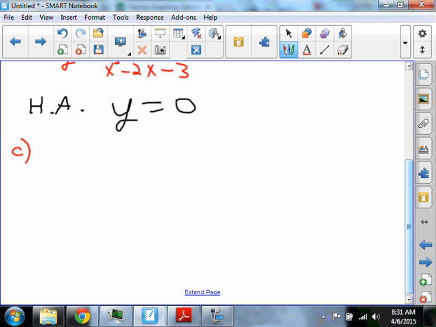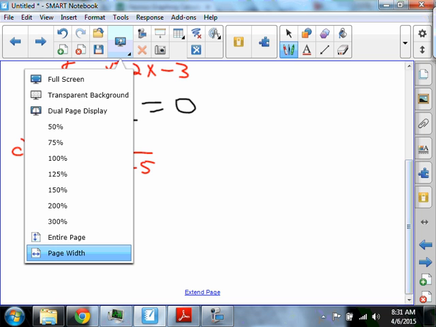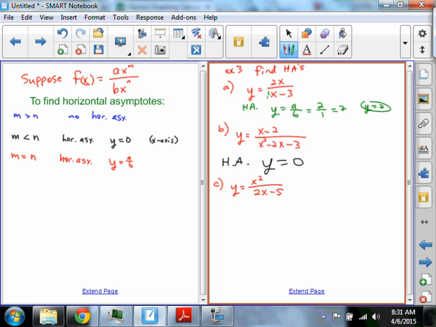Y equals x squared over 2x minus 5. So again, going back to our little three-part table, in this case, the numerator has a larger degree. Is it going to have a horizontal asymptote? No. This is not going to have a horizontal asymptote.